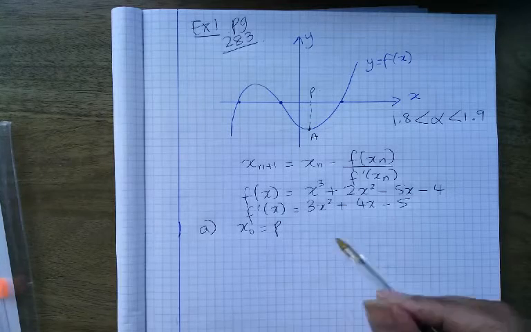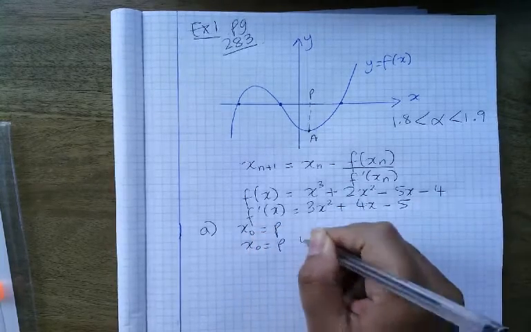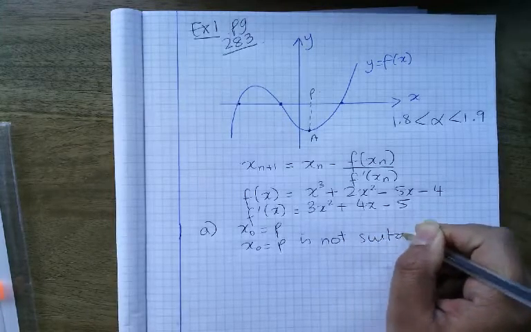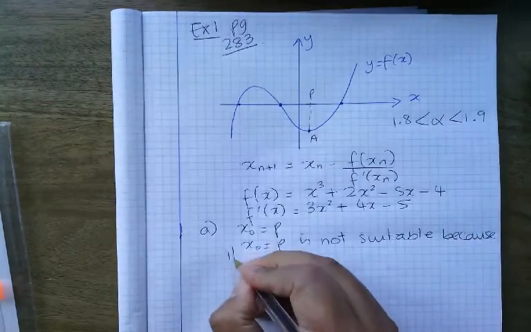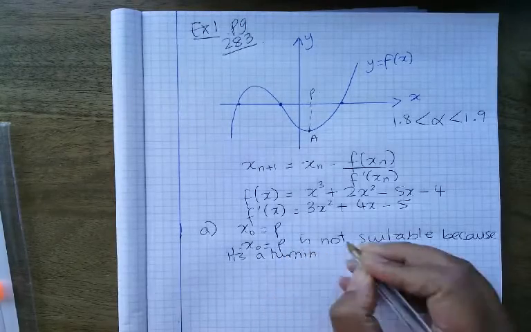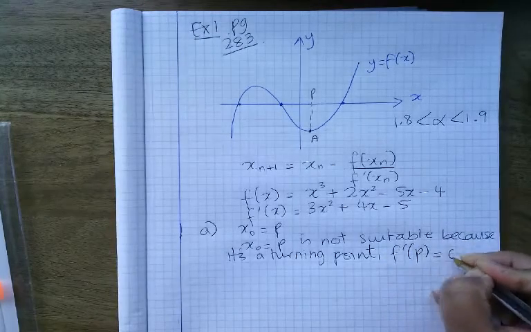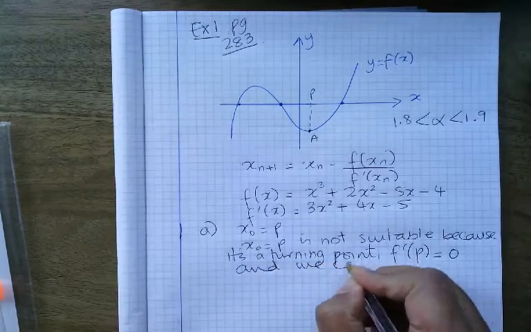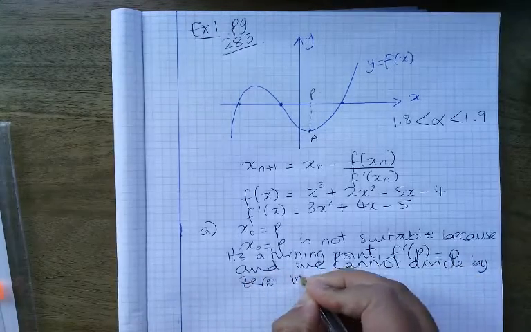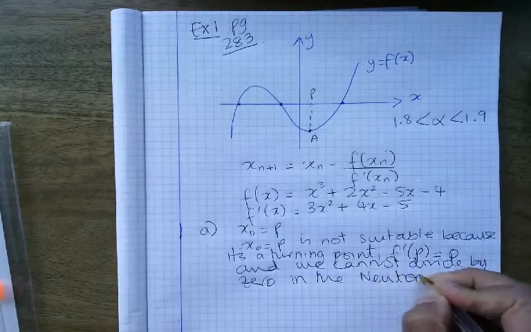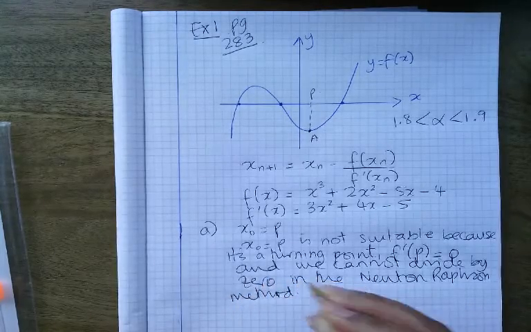So what we're going to say is that x naught equals p is not suitable because it's a turning point, and then explain that f dash p is going to be 0 and we cannot divide by 0 in the Newton-Raphson method.